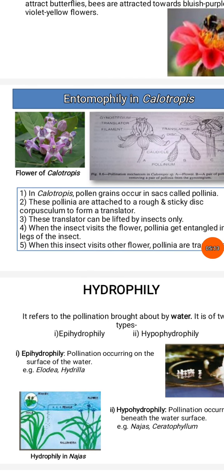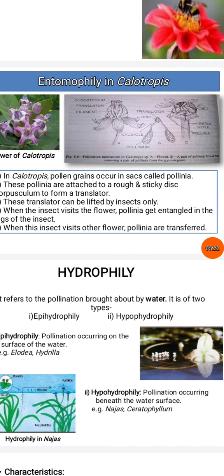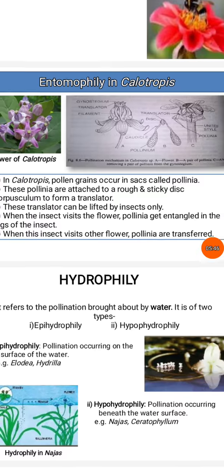When the insect visits another flower, pollen grains are transferred to the stigma of the other flower and pollination takes place. This is an example, Calotropis, where entomophily occurs. Entomophily means pollination by insects.